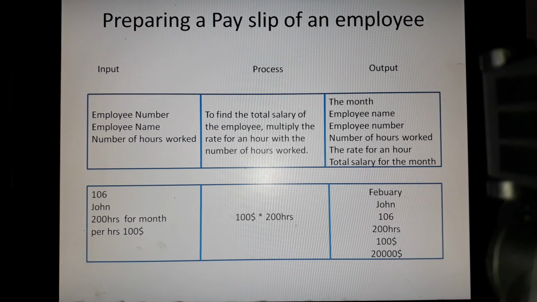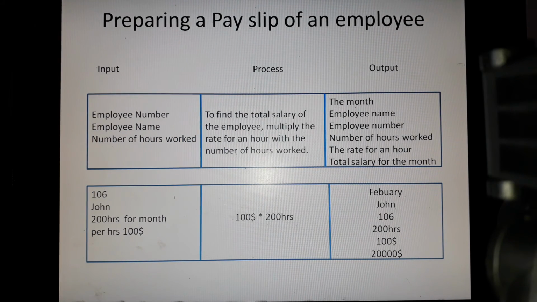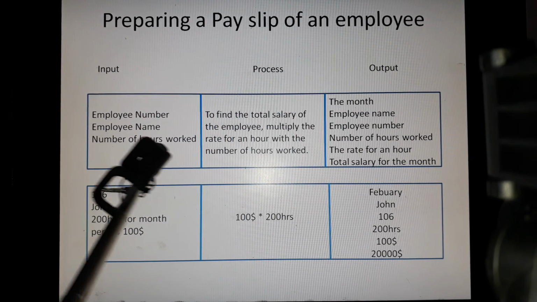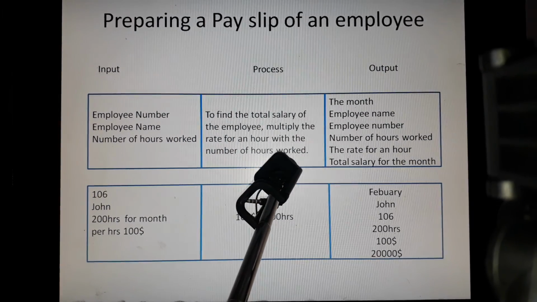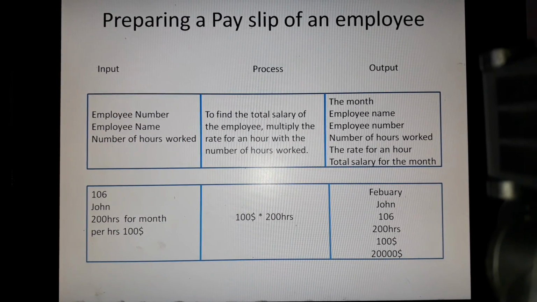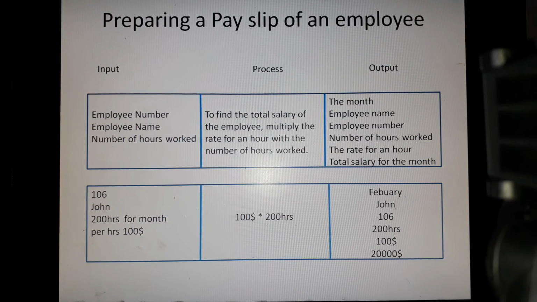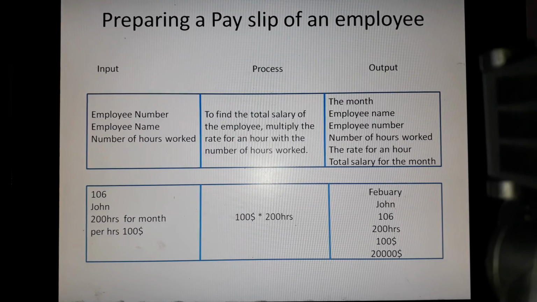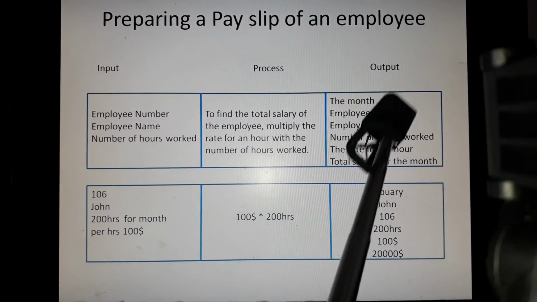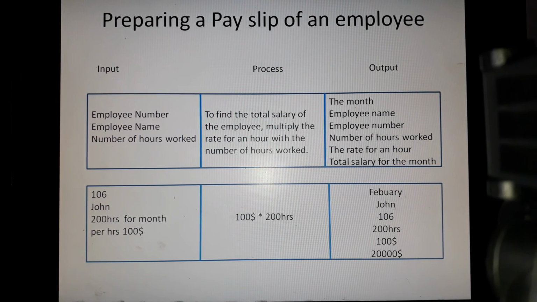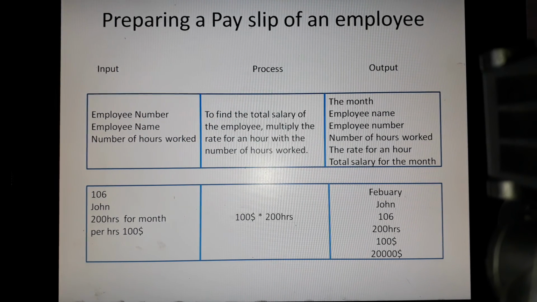Process, to find the total salary of the employee, multiply the rate for an hour with the number of hours worked. Output: the month, employee name, employee number, number of hours worked, the rate for an hour, total salary for the month. These are the things printed on salary pay slips.